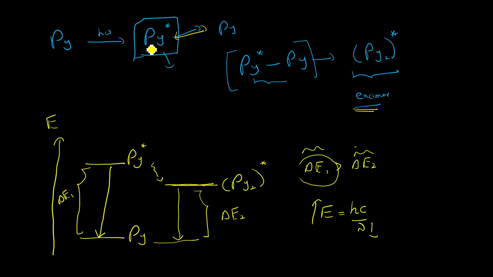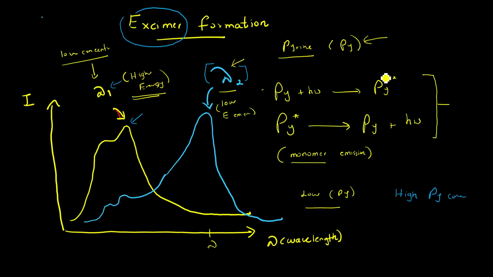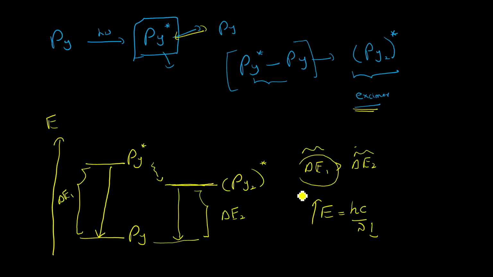But at lower concentration we don't have such a number of molecules, so it's really hard to form bonds between two molecules. That's why at low concentration this excimer complex won't be formed. So only this emission will happen, which means the high energy difference.